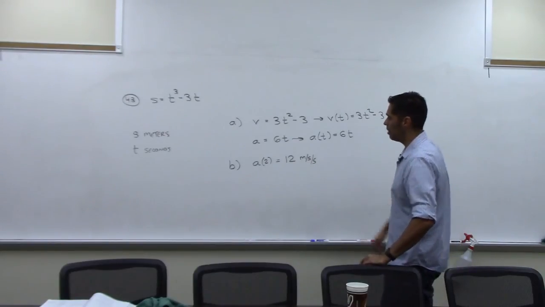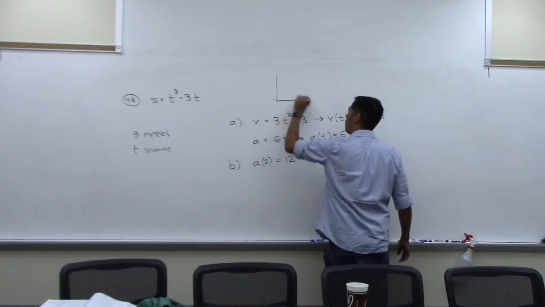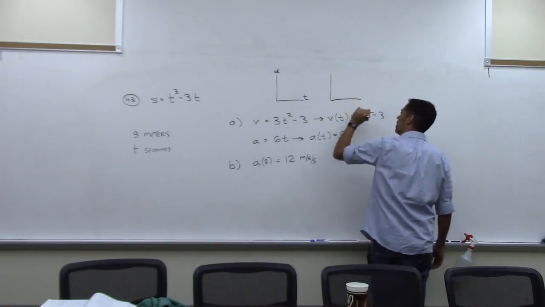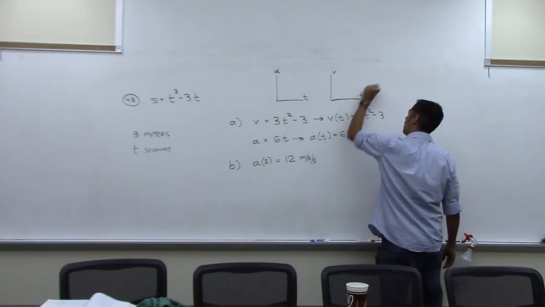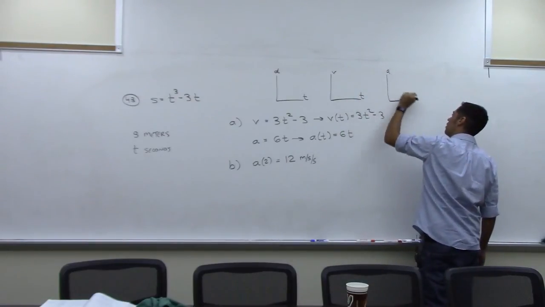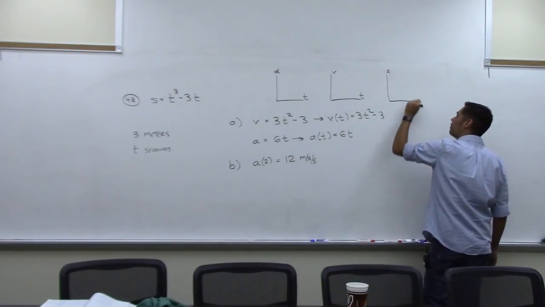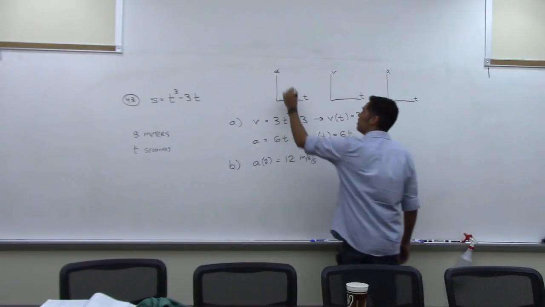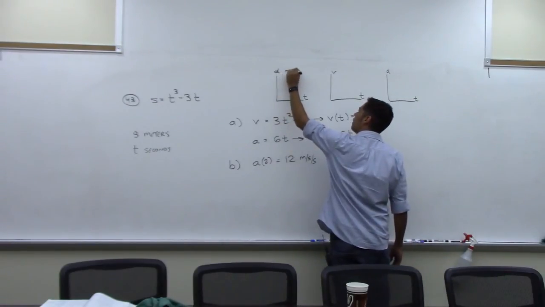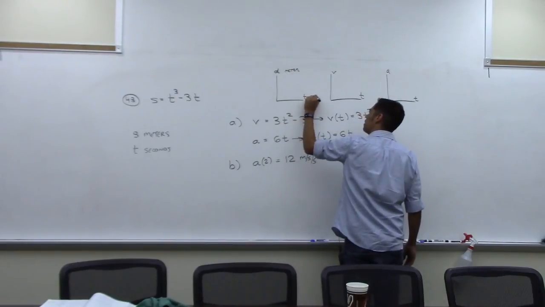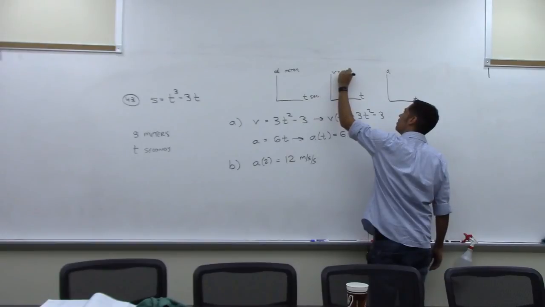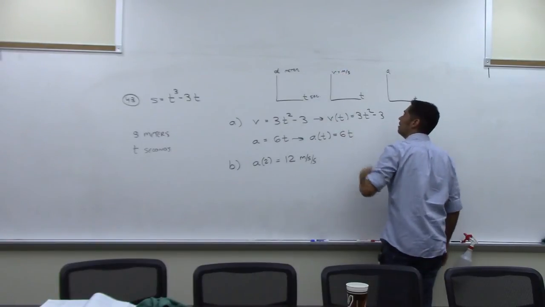And I talked about this in class: when you go from distance versus time and take the derivative, you get velocity versus time, and then you take the derivative again, you get acceleration versus time. If distance is in meters and time is in seconds, then your velocity becomes meters per second.